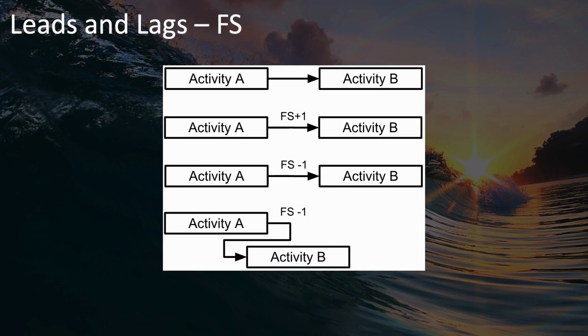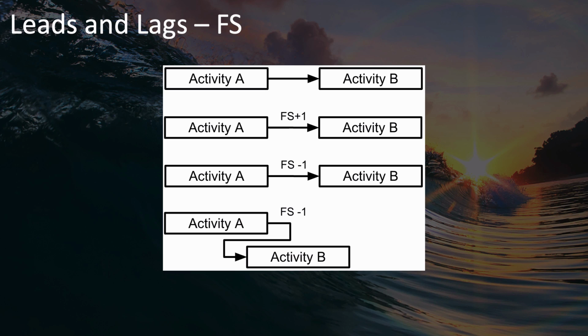When you represent these leads and lags on your network schedule, it's done by putting the type of relationship and then the lead or lag following it on the arrow in between the activities, as is shown in this simple diagram.